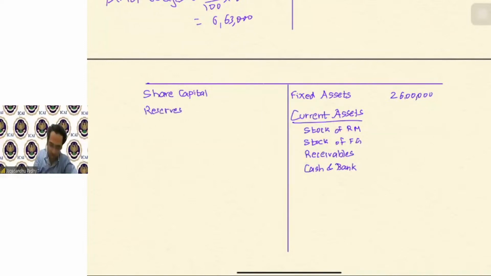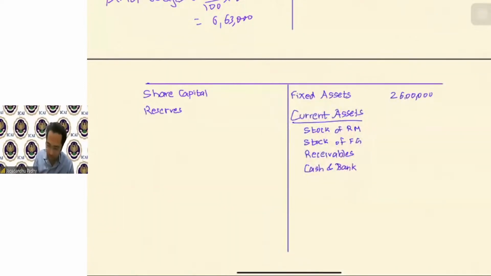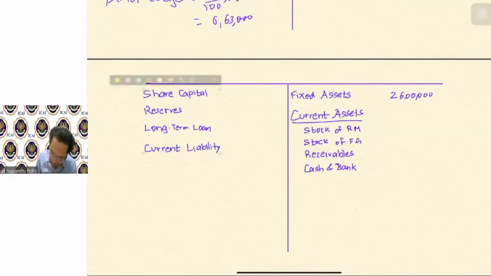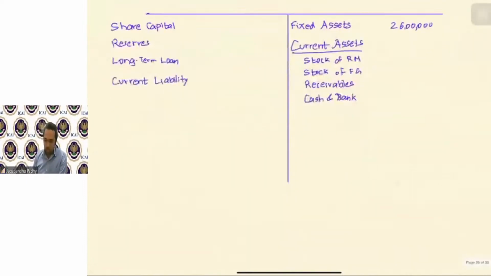Then any other information we have, yes, long-term loan to current liability. So we'll have long-term loan and current liability.